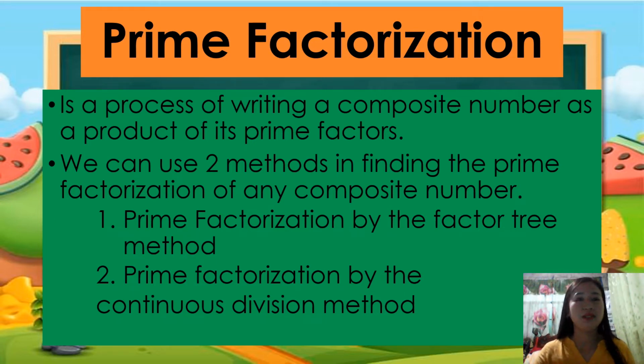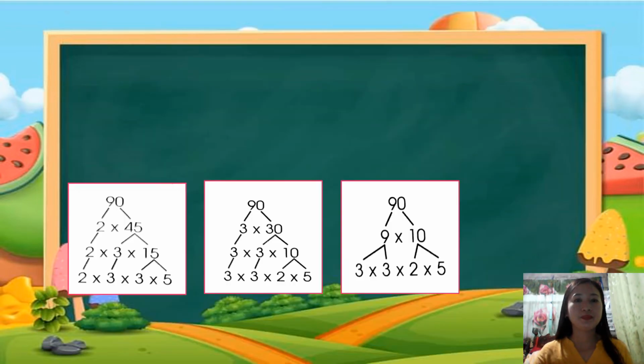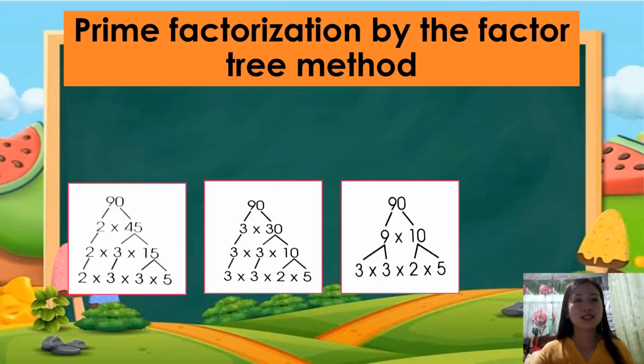The first one is prime factorization by the factor tree method, and the second one is prime factorization by the continuous division method. Let us now first discuss prime factorization by the factor tree method.